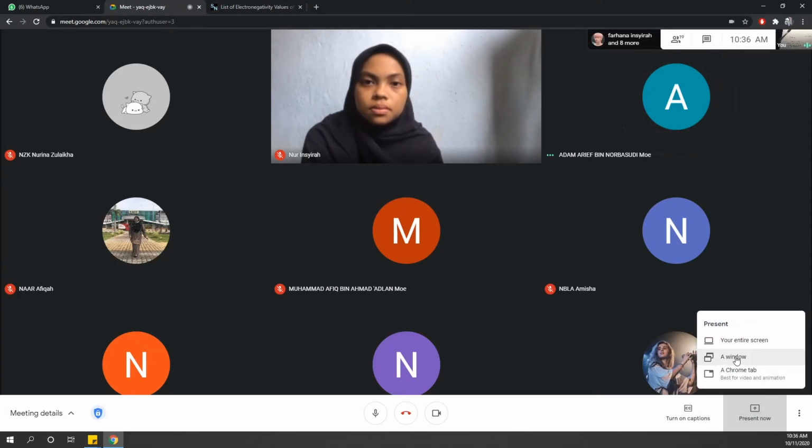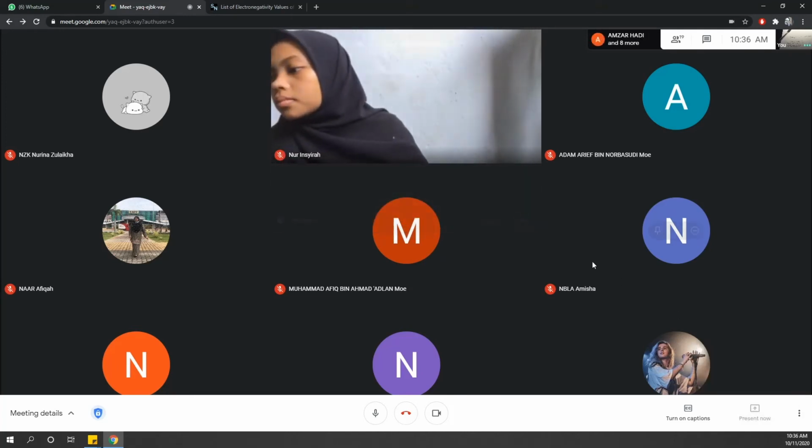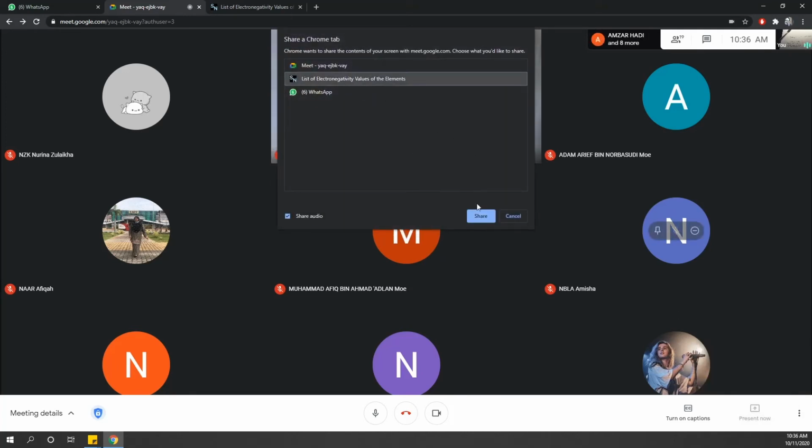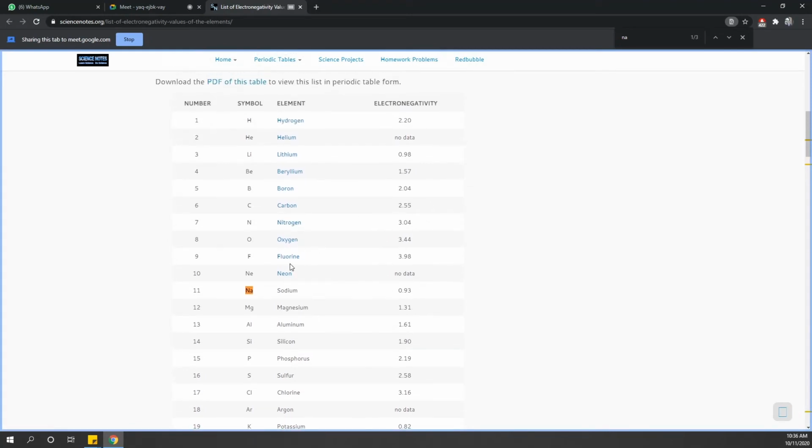electronegativity punya table. Okay. So, this. Okay. Awak nampak? So, kita nak compare between nitrogen and oxygen. Which one is the more electronegative between oxygen and nitrogen?